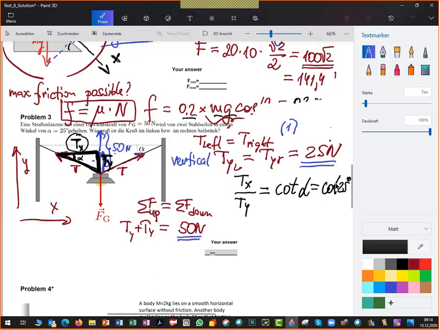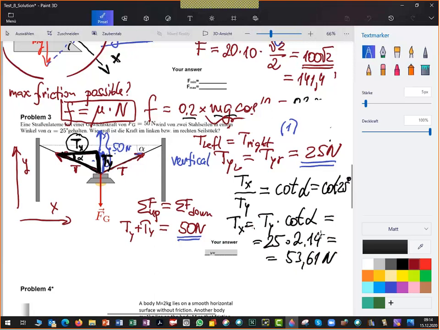So that means Tx must be equal to Ty multiplied by cot alpha, equals 25 multiplied by, what is cotangent of 25 degrees? It is 2.14. 25 times 2.14 equals 53.61 Newton.